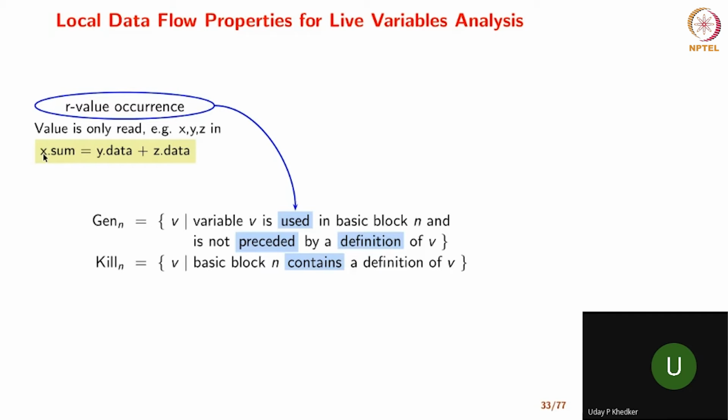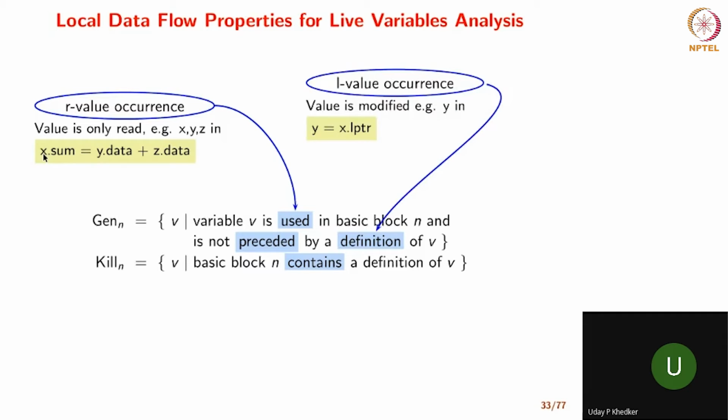So R does not necessarily mean right, and L does not necessarily mean left. Of course, L values will always appear on the left, but everything that appears on the left need not be an L value. So this is the use in basic block n, and by definition we mean an L value occurrence where the value is modified and preceded within n.